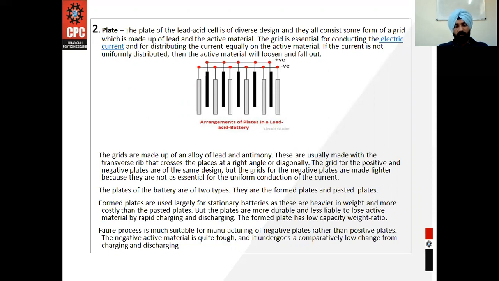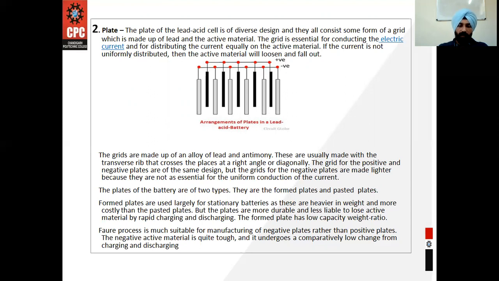The plates of the battery are of two types. They are the formed plate and the pasted plate. Formed plates are used largely for stationary batteries, as they are heavier in weight and more costly than the pasted plates, but the plates are more durable and less liable to lose active material by charging and discharging.